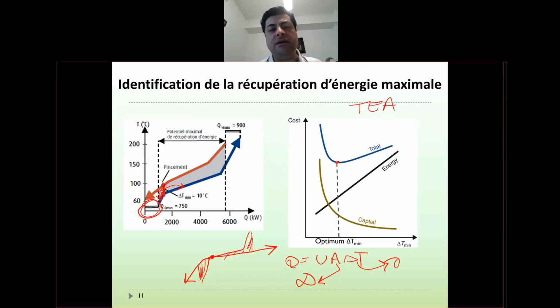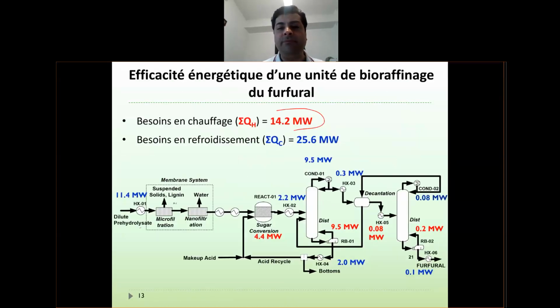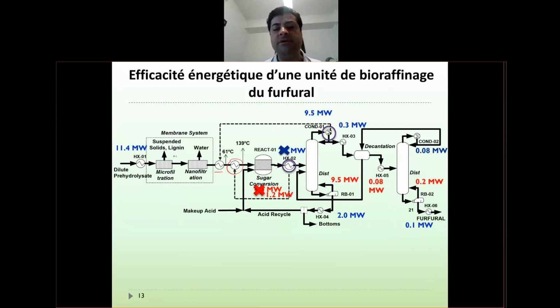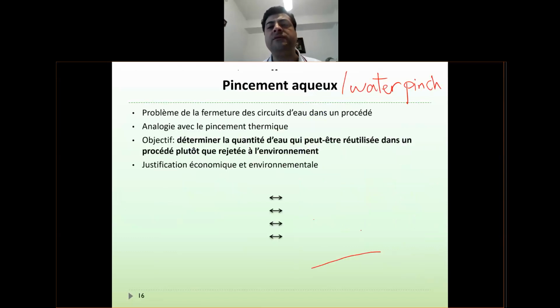In fact, pinch methodology, pinch analysis, started from thermal pinch analysis, but nowadays it is used even for hydrogen consumption. You know that hydrogen, for example, is used in the process, but also hydrogen is produced in the process.